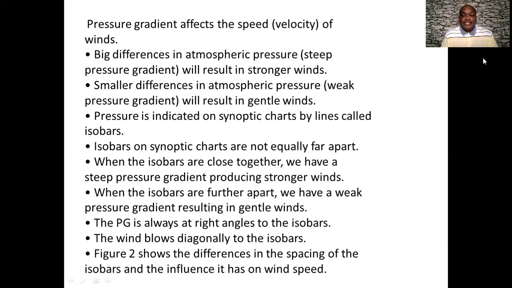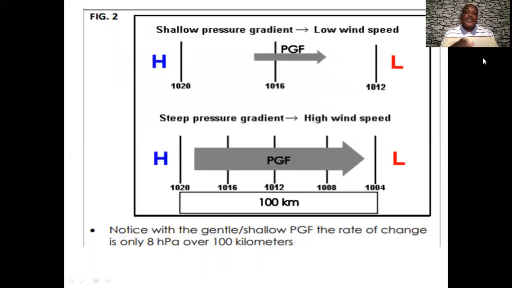But let us have a look at this diagram, which clarifies what I've just explained. If you note, when we have a shallow or weak pressure gradient, when the isobars are far apart, it will result in low wind speed.